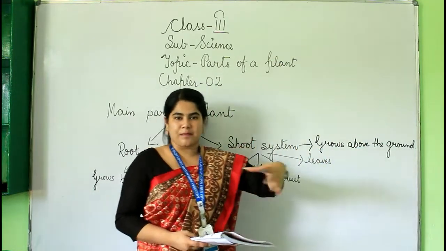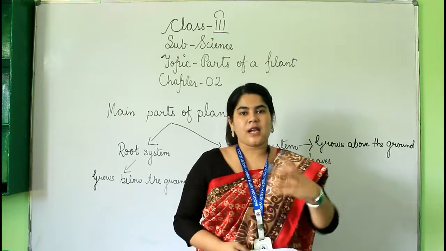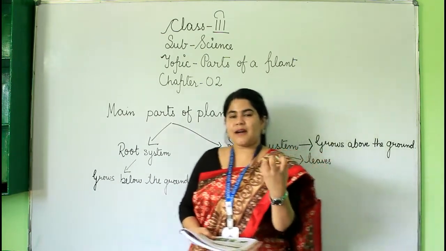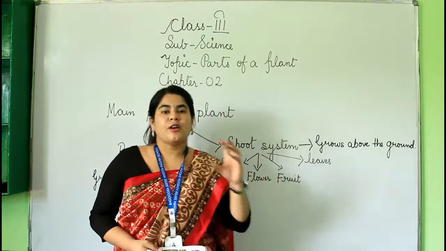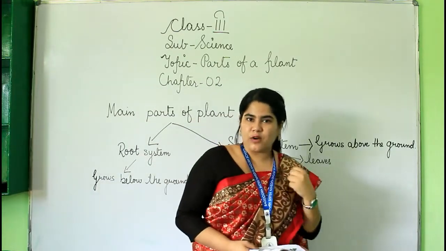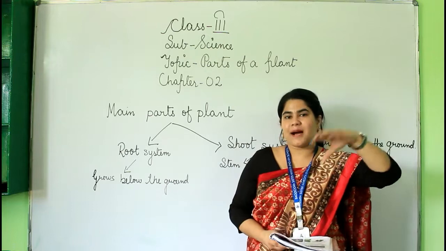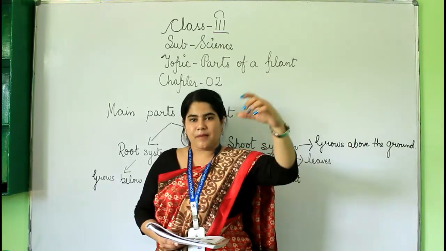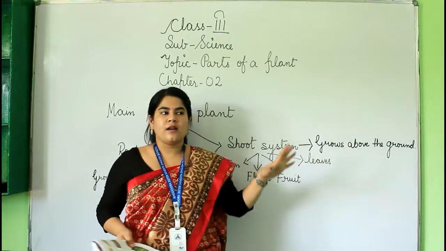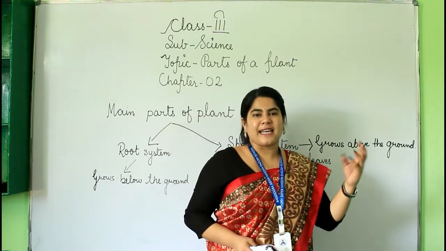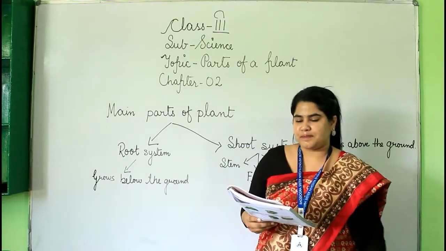We always water the plant from downward, that is in the mud. Because inside that mud, what do we get there? Root, right? So root absorbs the water and the water passes through the stem and it spreads to all the other parts of the plant like leaves, flowers, fruits.